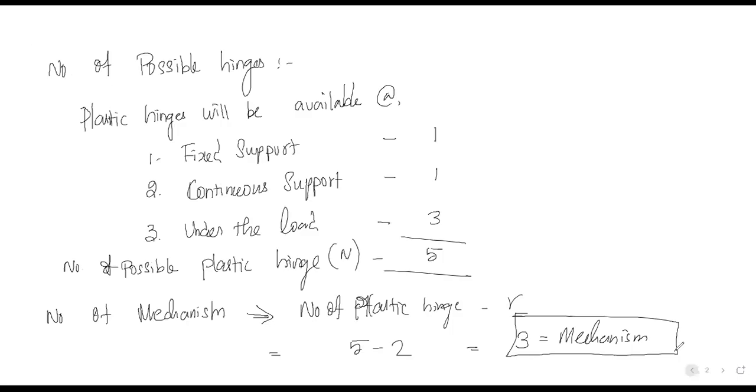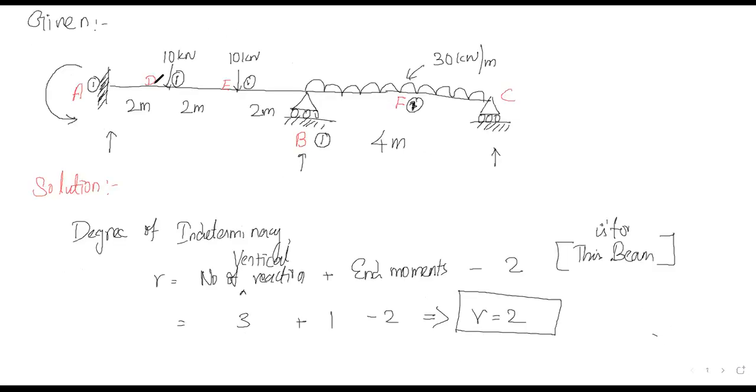First I will draw the mechanism 1 diagram. Mechanism 1 is related to the load acting at point D with respect to span AB.